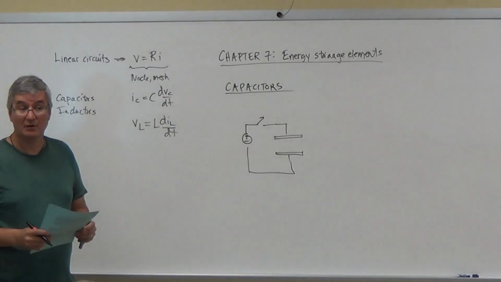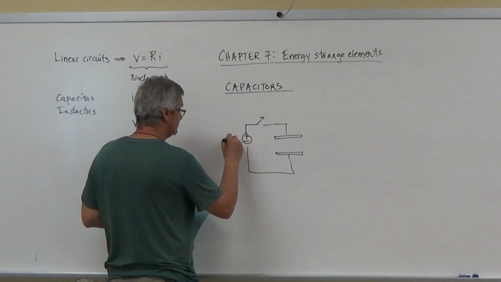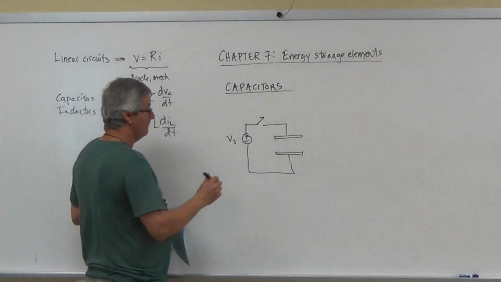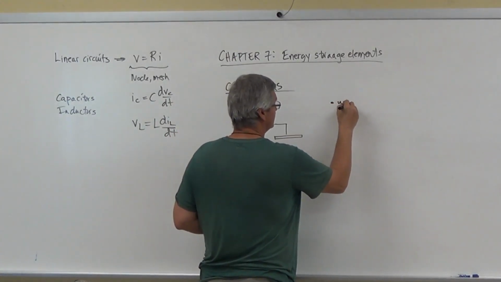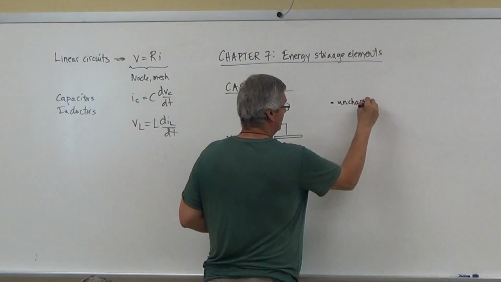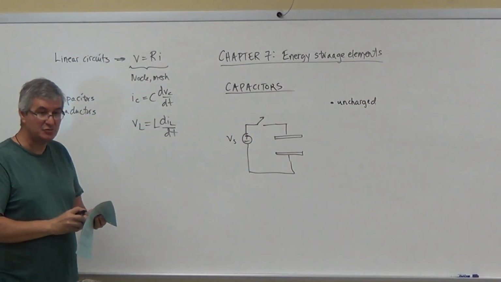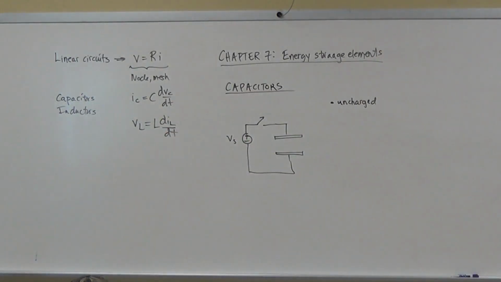No. So when you start to look at this, we imagine that if I have a source here, I'm going to throw the switch, but we imagine that it starts uncharged. So if it's uncharged, then when I close my switch here, what's going to happen? I'm going to get current that starts to flow.